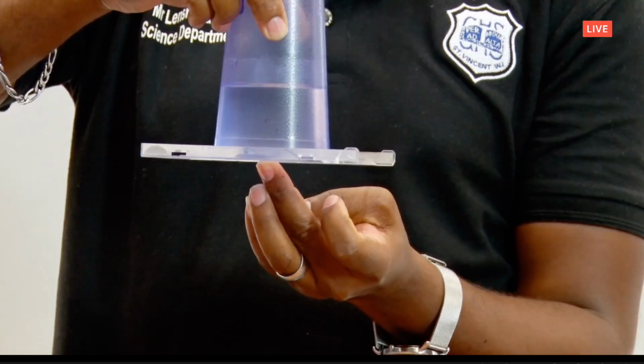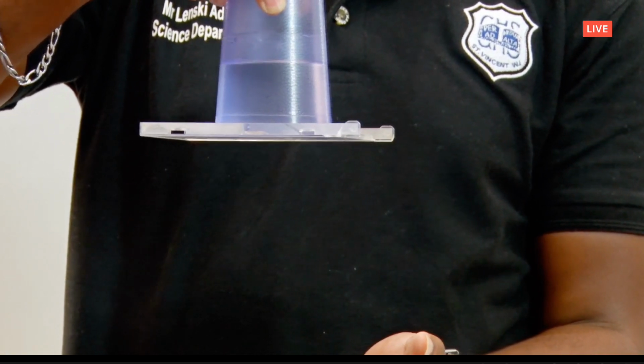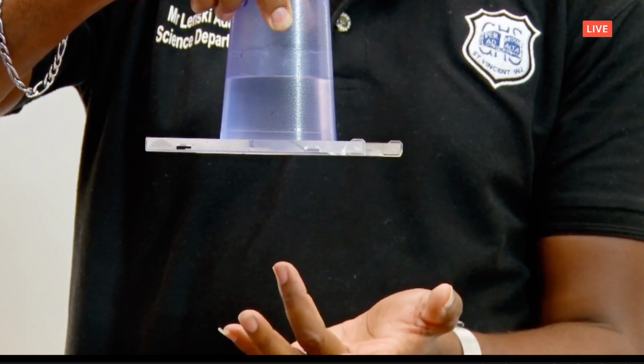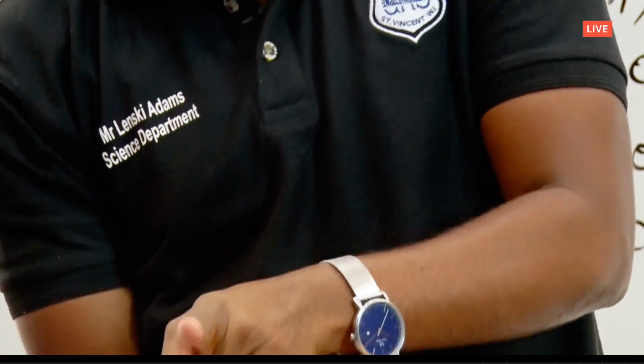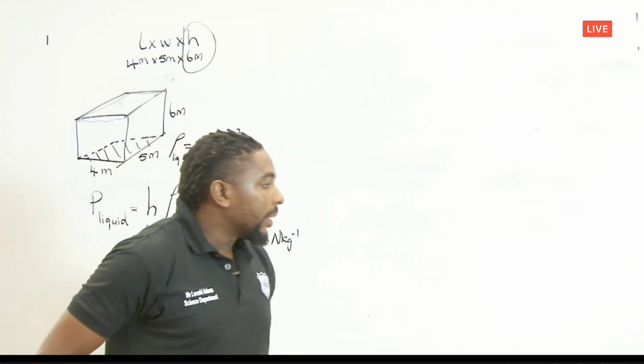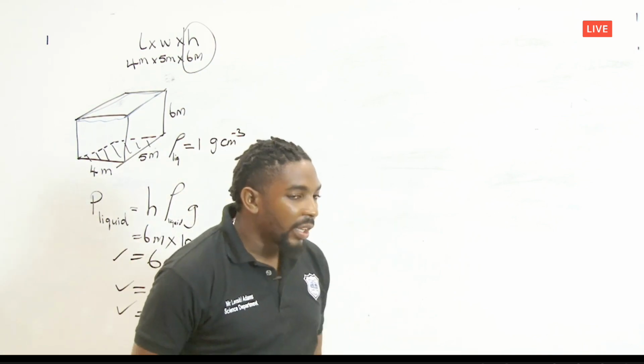Right? As you can see, atmospheric pressure is actually acting down on the surface of the lid at this point. So we can see, we actually have a suction there, the lid doesn't remove because atmospheric pressure is actually acting upwards. Okay?